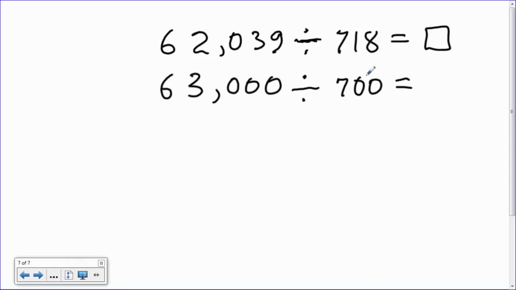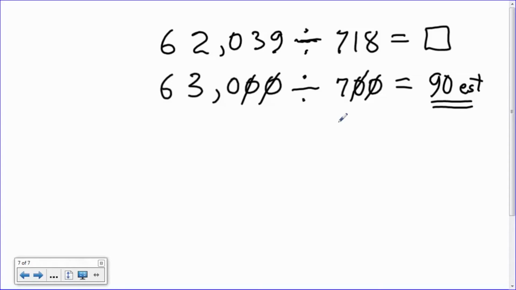I'm going to divide this 100 into this 100 over here to get rid of that part of it. So now I'm only dividing 7 into 630. And again, 7 goes into 630 10 times whatever 7 goes into 63. So 7 goes into 63 9 times, and so 90 is the estimate to the actual quotient of 62,039 divided by 718.